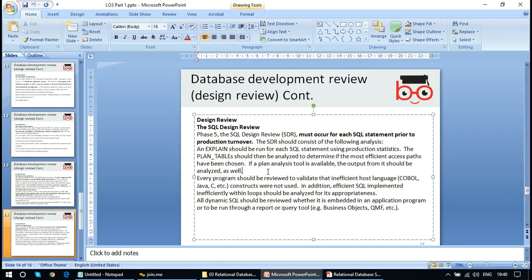For example, if you want to access the database, say 100 tables in one go, then probably the limitation of the database, the efficiency of the SQL, can make you a problem. Why will it give you a problem?